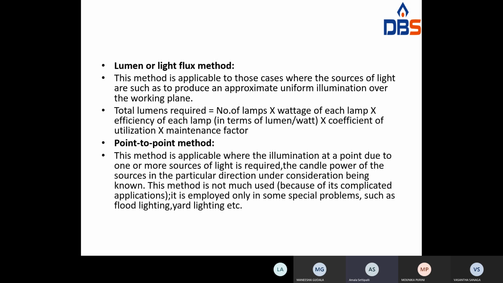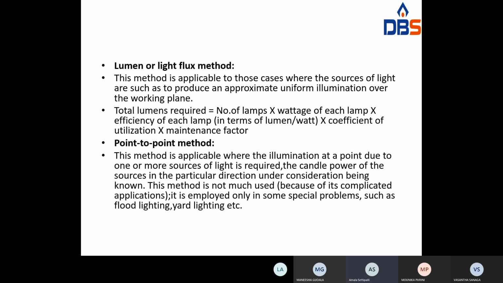In this method, you have to find the lighting. Total lumens required is equal to the number of lamps multiplied by the wattage of each lamp. The number of lamps means the total; if you are considering one room, you have to take in total how many lamps there are.